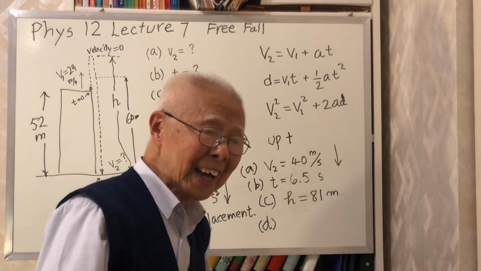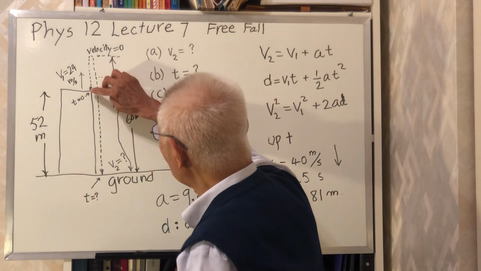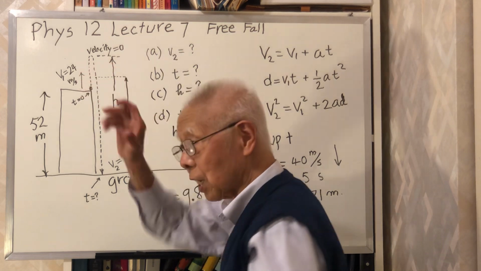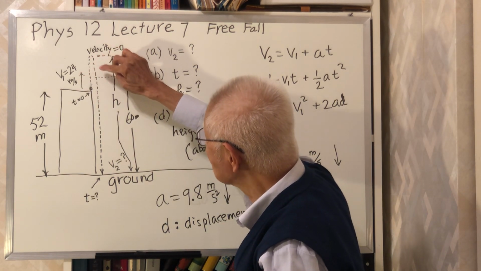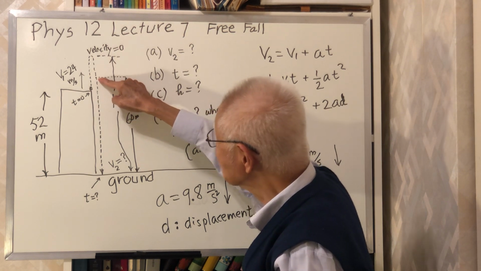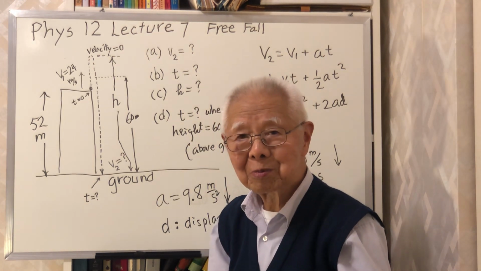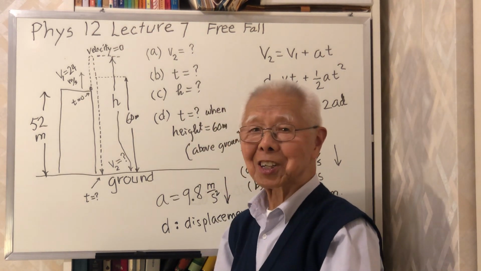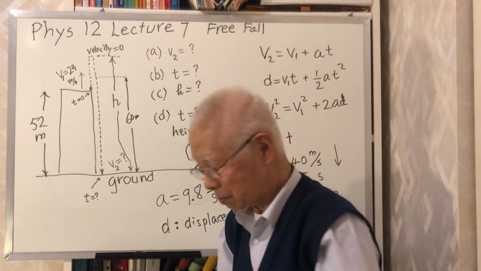This is exactly what we expect, because when the ball reaches this point, there is a time. When the ball reaches the highest point and falls back, reaches this point, there is another time. So you have 2 times, and this is exactly the 2 answers to the quadratic equation.